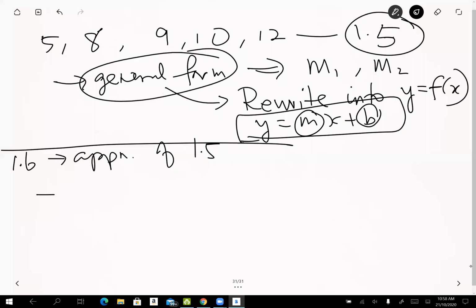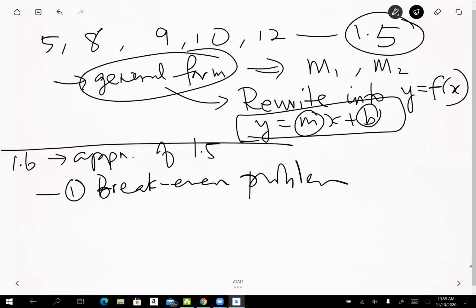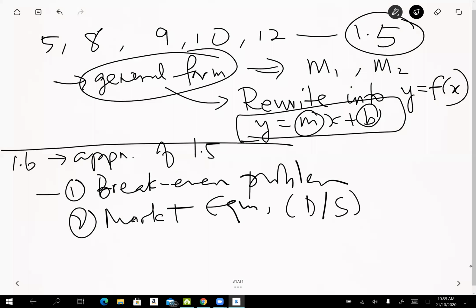Number one, we look at the break-even problem. And number two, we look at the market equilibrium problem. This is demand and supply, that is an economics problem.